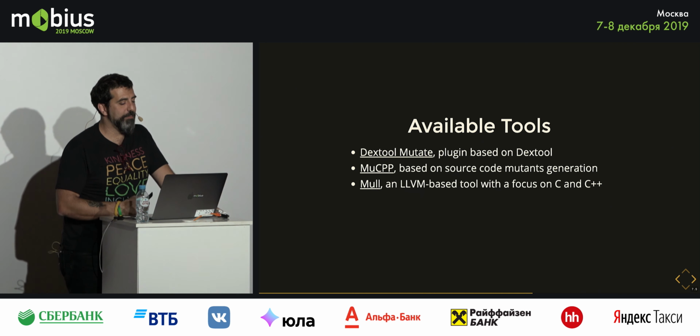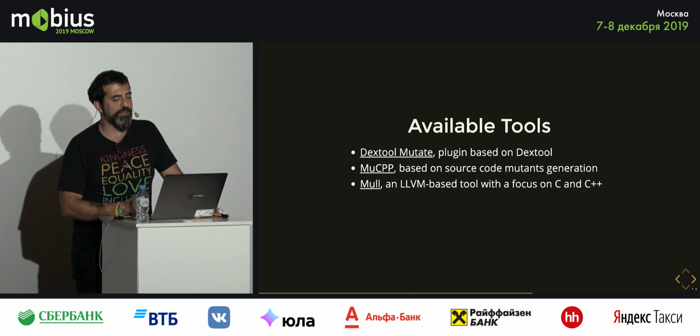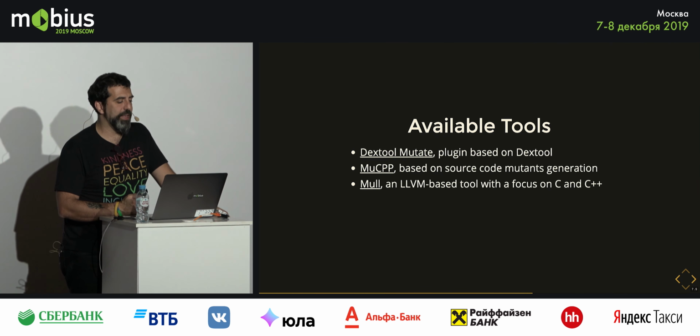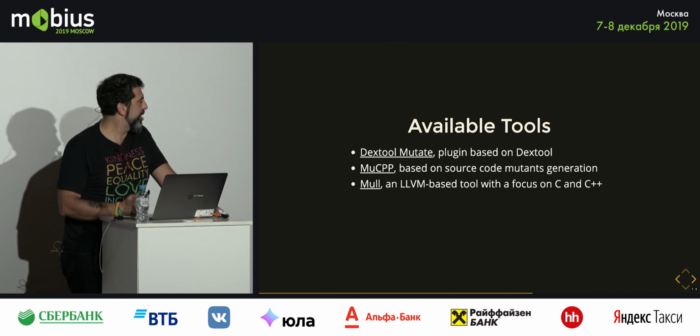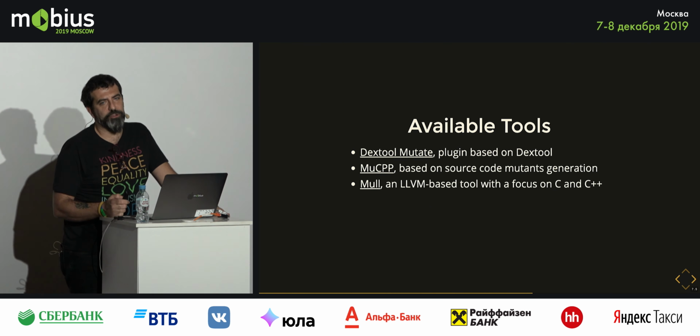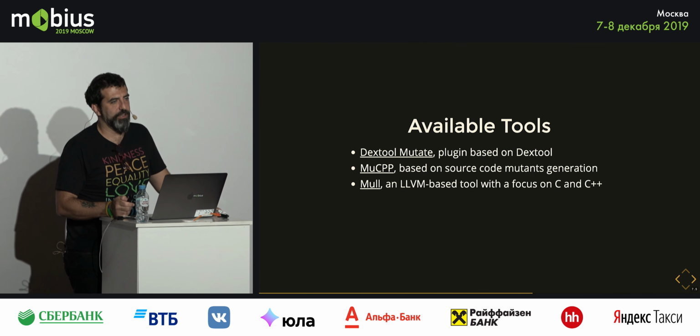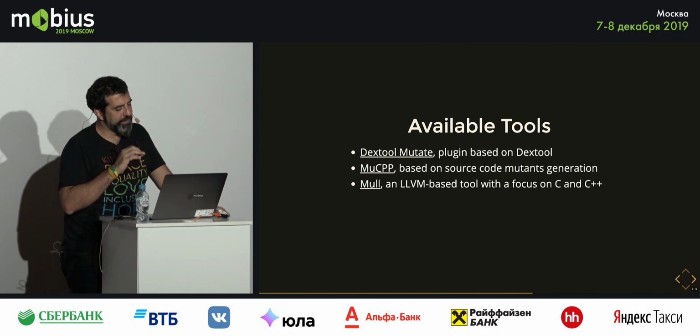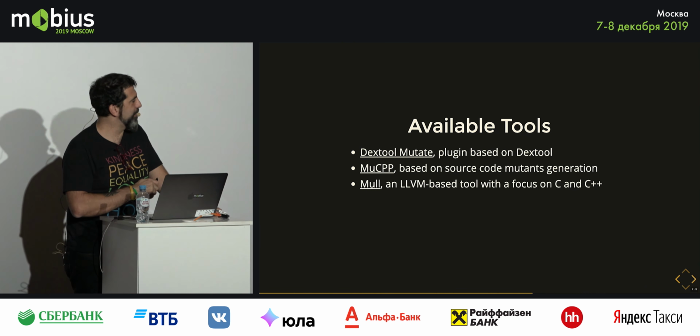There is Mule. Mule is LLVM based. It has a strong focus on C and C++. It's the tool that I'm more engaged with at the moment, especially because, again, as I said, my job is mainly in the rendering engine of the Kindle. So that's why I'm so interested in this side of, let's say, the dark side of C and C++.